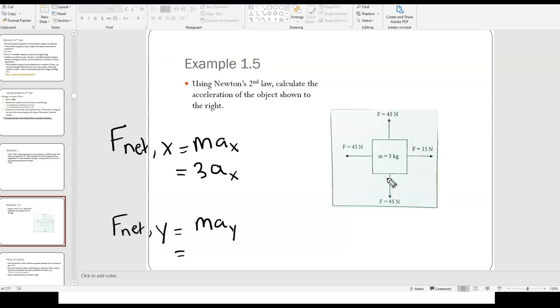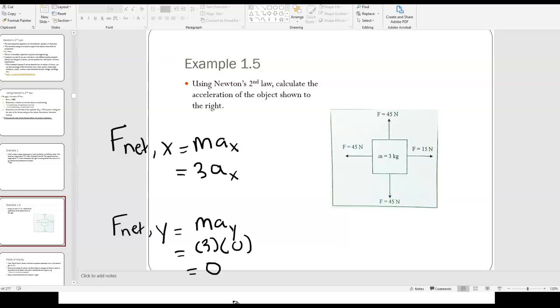That doesn't necessarily mean that the object is not moving in the y direction, but I know there's no acceleration, which means that this entire side of the equation is going to be 0, because the mass is 3. If there's no acceleration, that means ay is 0. That means this entire right side of the equation will be 0. Okay, so that is step 2.